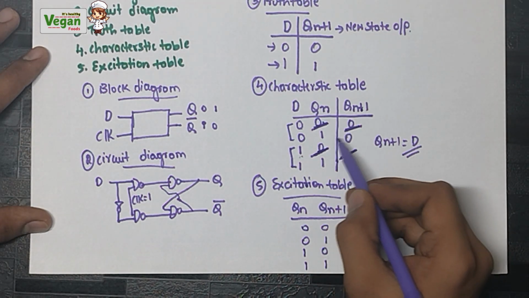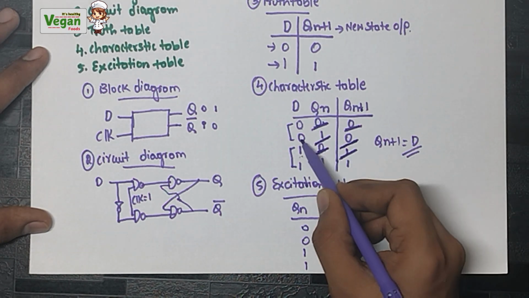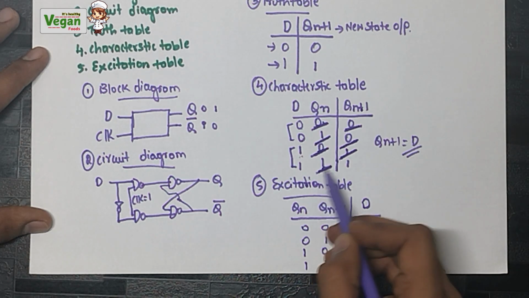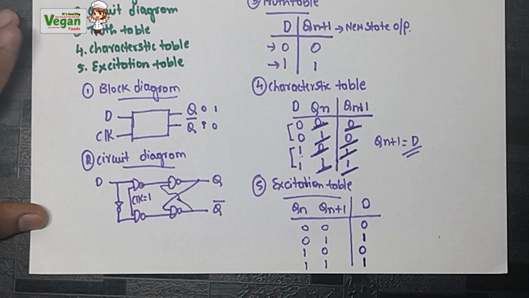Next, when Qn is 1 and Qn plus 1 is 0, D is 0. When Qn is 1, Qn plus 1 is 1, D is 1. So this is the excitation table. If you write these 5 steps, you will get full marks in D flip-flop.